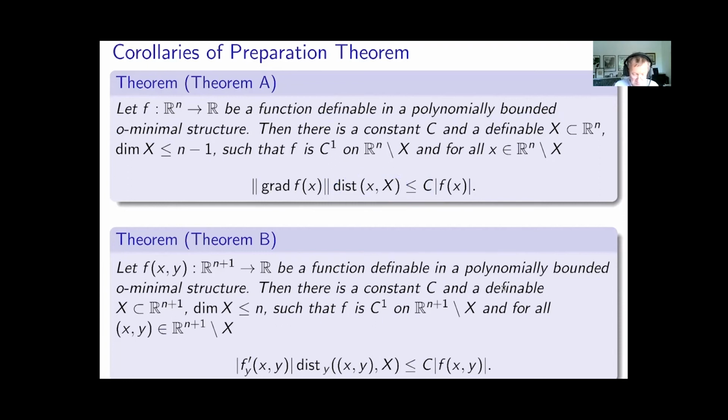smaller dimension. As I explained on the previous slide, one derivative, when you have this beautiful form of preparation, can be bounded by the distance to the graph of this translation function theta. This is, of course, how you prove it.